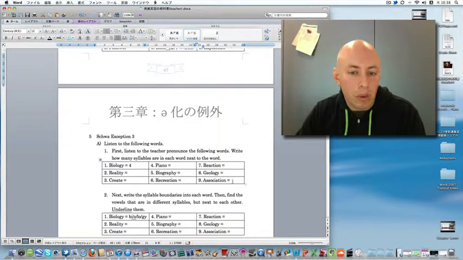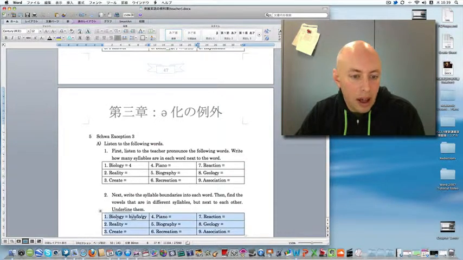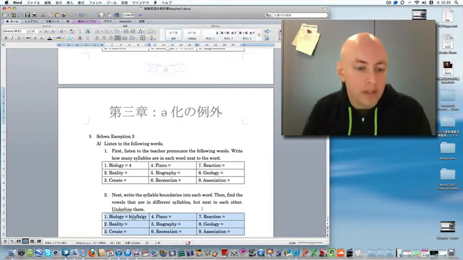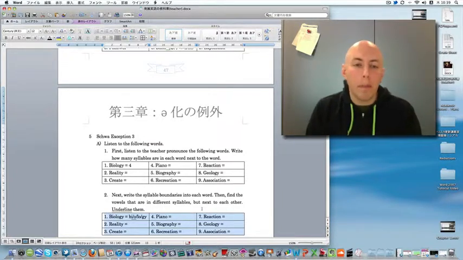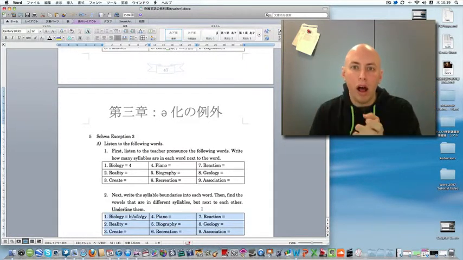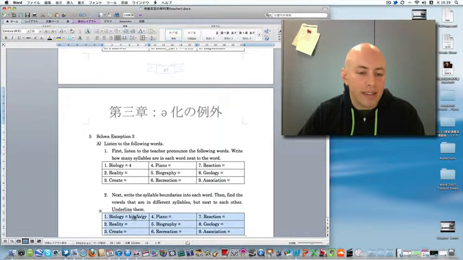This is a more complicated exception, but a lot of these words won't have a schwa in them as well. So, for example, number 1, biology. Biology has 4 syllables. And the second syllable in the word has the word stress.